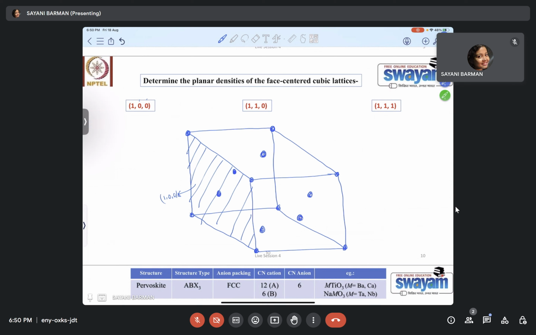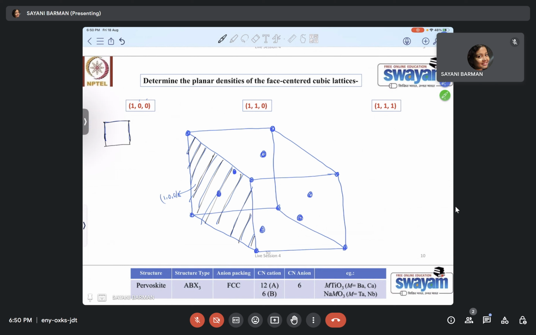Yeah, six face center points. Now for the 100 plane, if we draw just the plane, it is this. So this is this plane, right?